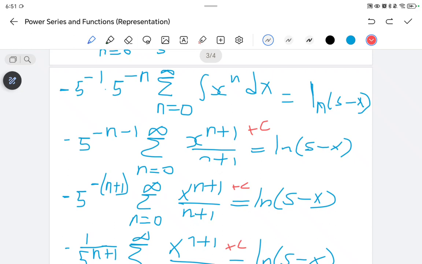What is a constant? What is the derivative of a constant? Guys, what is the derivative of a constant?